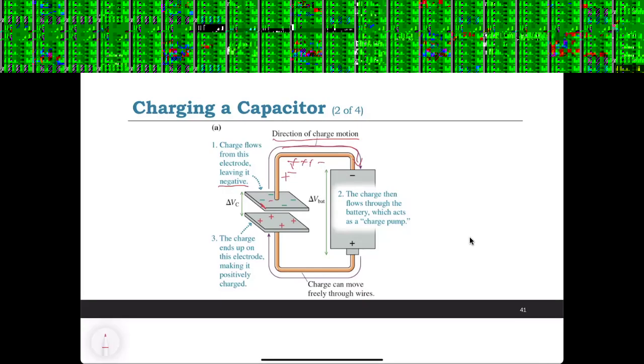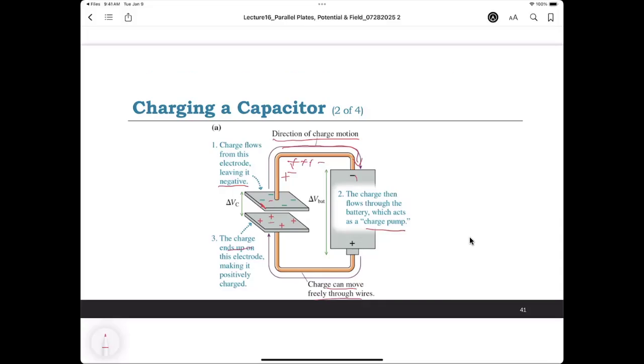The charge then flows through the battery, which acts as a charge pump. Then the charge can move freely through the wires, and the charge ends up on these electrodes, making them charged.